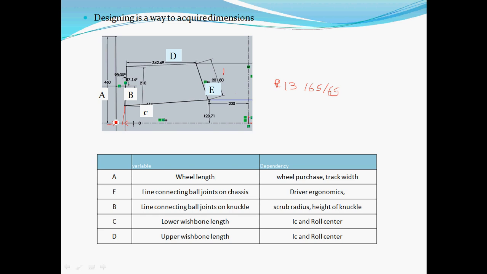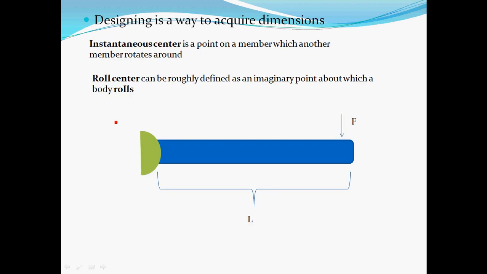If your driver is feeling very uncomfortable, then there is no use of proceeding with that design. So whatever you design, and this is for the chassis team also, you prepare a prototype and get the feedback of the driver. It's very important. Okay, so we'll proceed further.